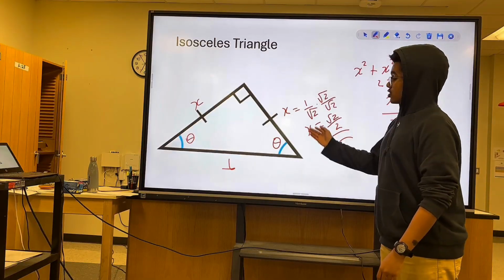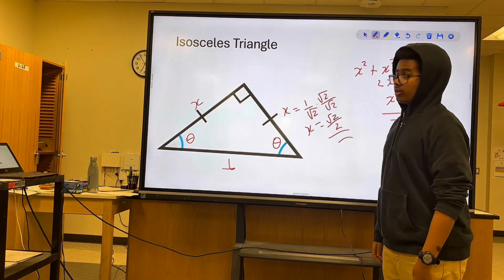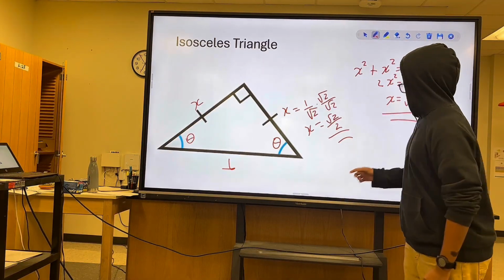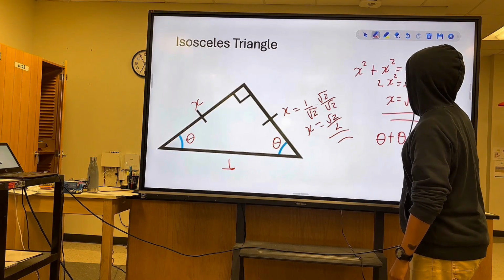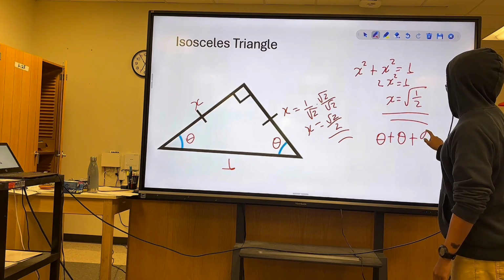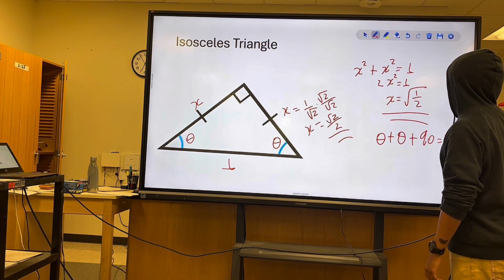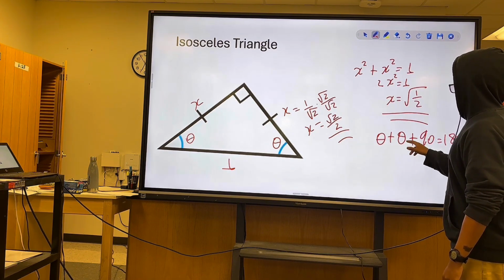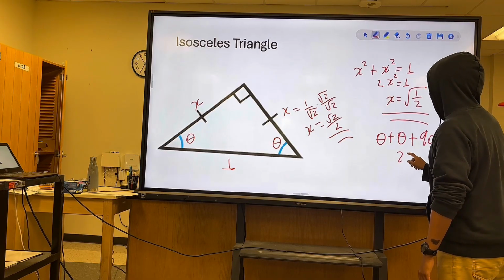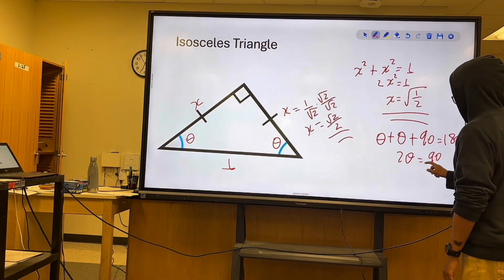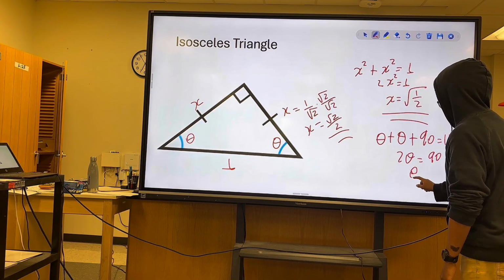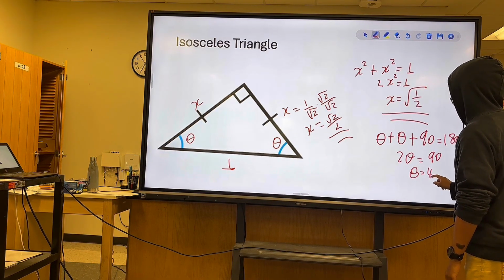We know that the sum of the angles in a triangle is 180. So we have theta plus theta plus the 90 degrees right there giving us 180 degrees. Theta plus theta is 2 theta, and 180 minus 90 is just 90, so theta equals 45 degrees.